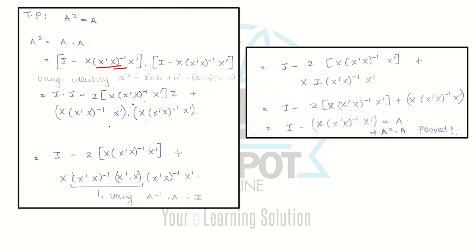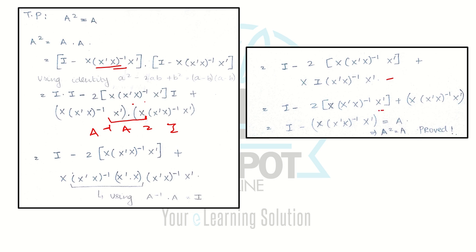plus B square, which is the square of this term right here. Now the first thing to notice in the square of this term is that you have x transpose x inverse here, and you have x transpose x here. So recall that A inverse times A is equal to I, because that's how you define the inverse. So you have I minus 2 into this term right here, plus x transpose x inverse x transpose x, which can become another I. I have just done this substitution here, and then I times any matrix is the matrix itself.